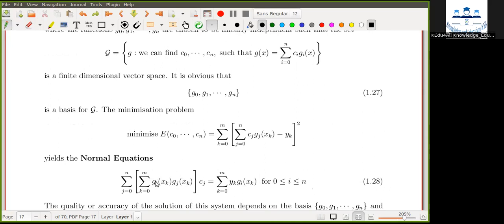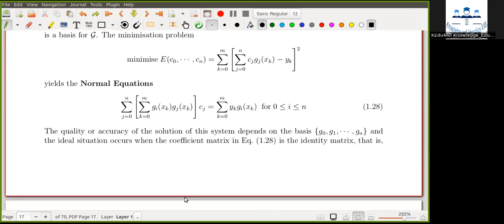Once we solve this, we will obtain the coefficients c_j, because you can see here we have a linear system of n plus 1 equations in n plus 1 unknowns. Once we have the g's, we substitute in this expression. You can see that these are the coefficients of the coefficient matrix.